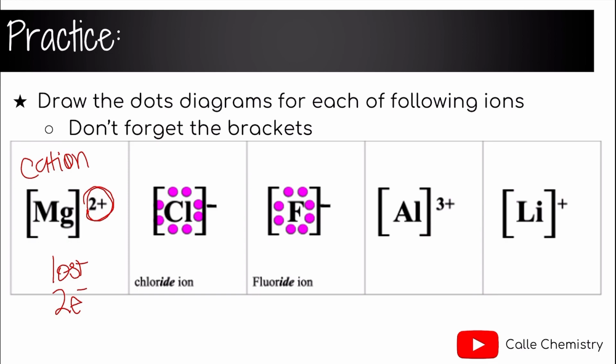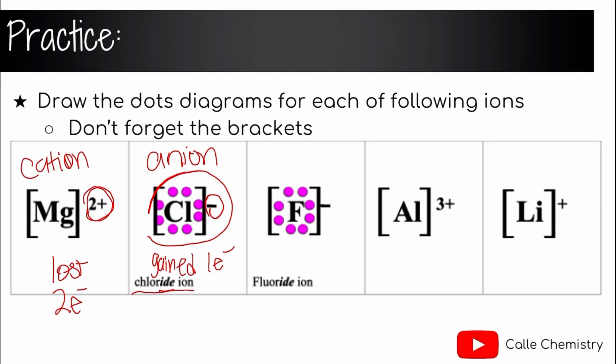Now, chloride has a negative 1 charge, meaning that it gained 1 electron. And it has 8 dots around it. Take a look at how the name changed. It is no longer chlorine because it's no longer an atom. It is now an anion, and the name is chloride ion.